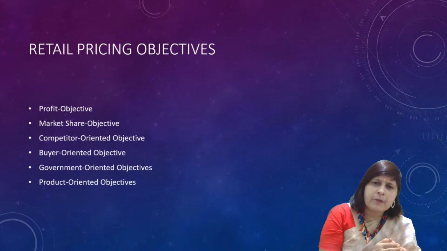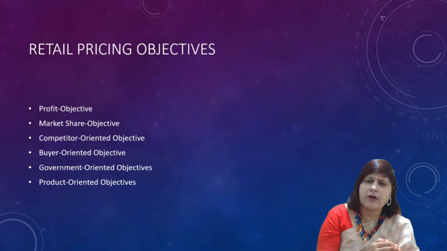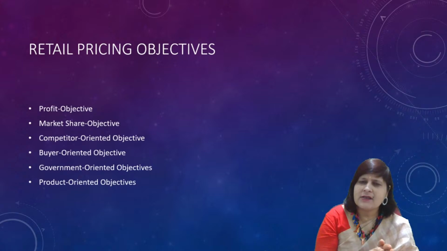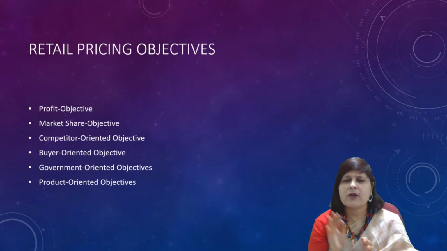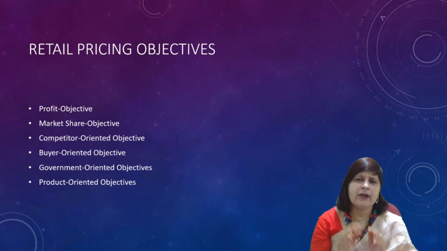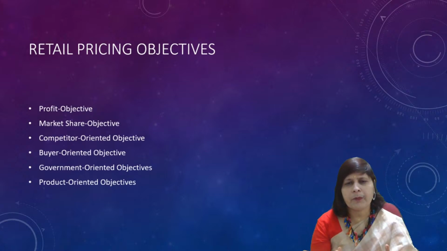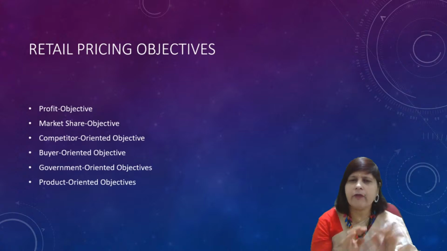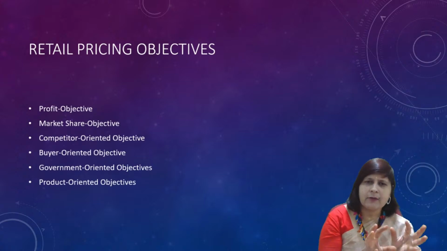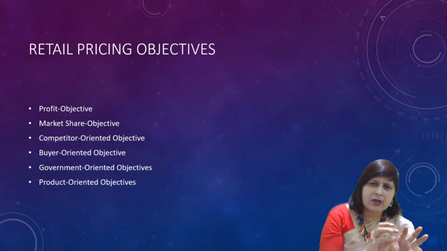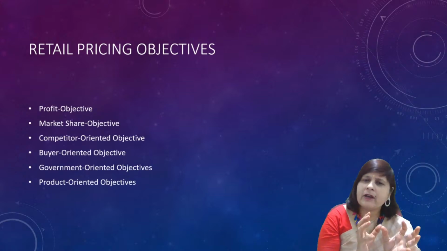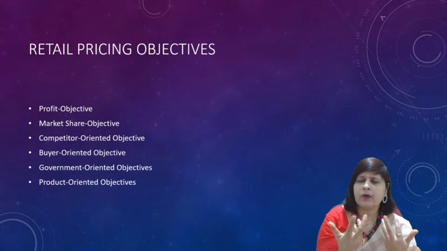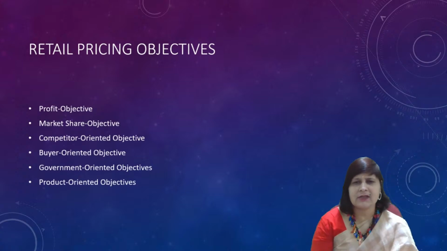See, whether your product or service is for classes, or whether your product or service is for masses, you have to decide. If it is for the masses, it means you want more market share, and then you have to keep the price of the product accordingly. If it is for the classes, it means the market share is comparatively low, and you want to earn more profit from those classes, right?